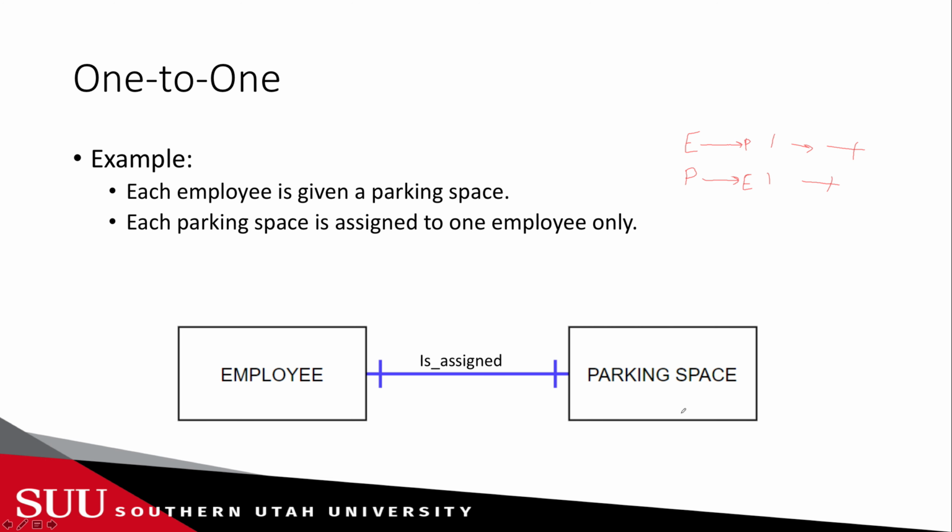Similarly, if I'm reading from parking space, I will ignore this one, just when I'm reading, and I will read this. So I'll say each parking space is assigned to one employee.